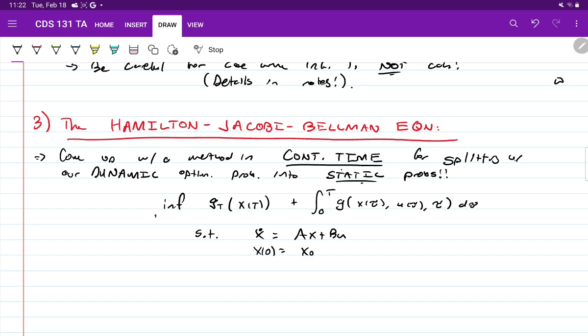Now I'm performing an optimization over an input signal u, so not just discrete values, but an actual signal in a function space, and also over a continuous function x from R to R.